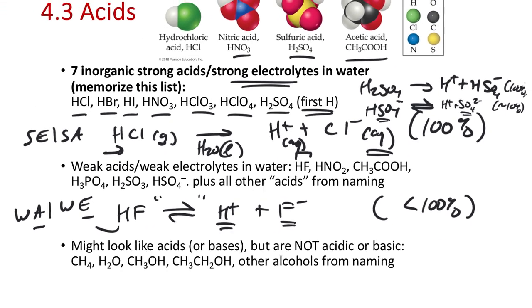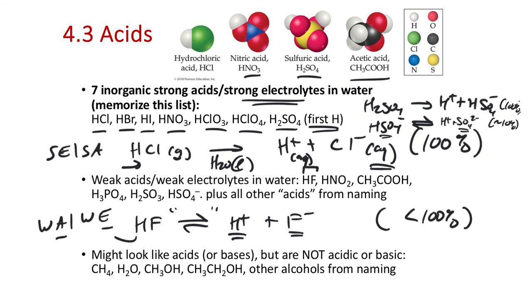Okay, so what are some other weak acids? They're all the other acids we learn how to name, things like nitrous acid and acetic acid. Notice that phosphoric isn't on the strong list. Remember how we went through carbon, nitrogen, phosphorus, sulfur, chlorine in naming oxyanions: carbonate, nitrate, phosphate, sulfate, chlorate. The nitrate, sulfate, and chlorate acids were strong, but not carbonic and not phosphoric acid.